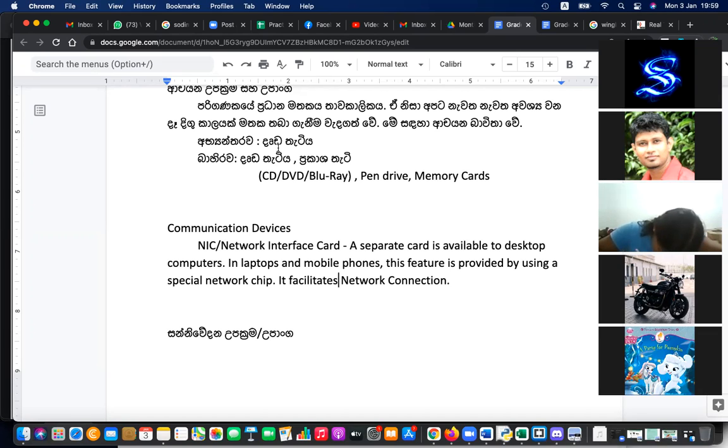Internet is the big brother of network. A network can be local. Local means you can connect your mother's computer with your computer. Still, it is a network. Or you connect your next door computer, maybe one of your friend's computer, to your computer. That's a network. Understood? Network is a small one. Internet is the bigger one, right?